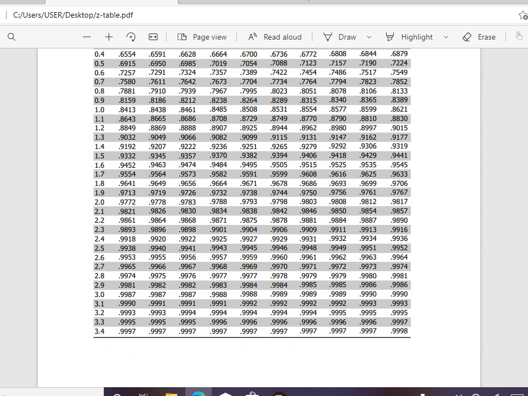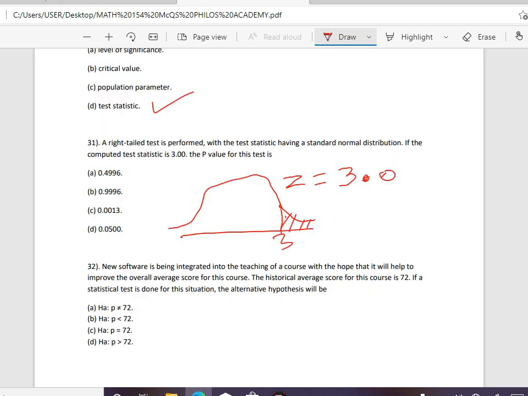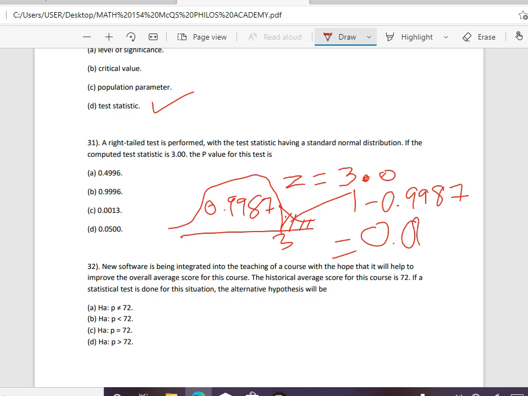The area to the left of 3 is 0.9987. So to get the right side, you say 1 minus 0.9987, which gives you 0.0013. So the answer is C.